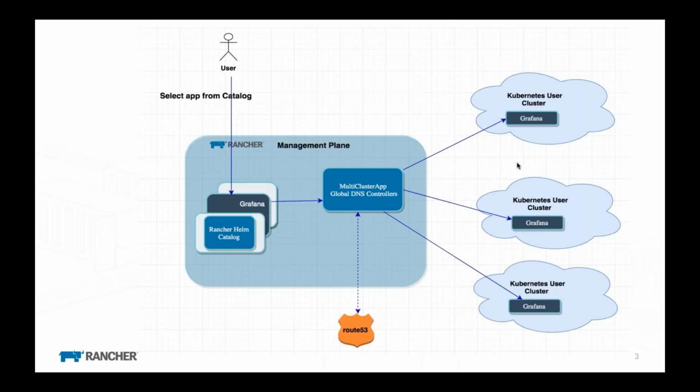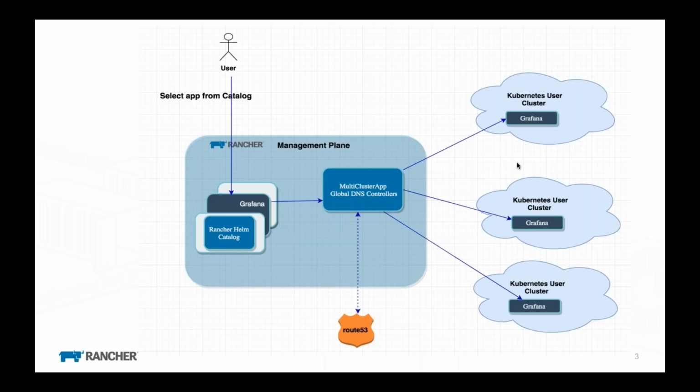This is a graphical representation of what I just talked about, where the feature workflow for both of them is that the user selects an app from the catalog, and for MultiCluster App, the user further has to select target clusters or projects to which the app should be deployed.